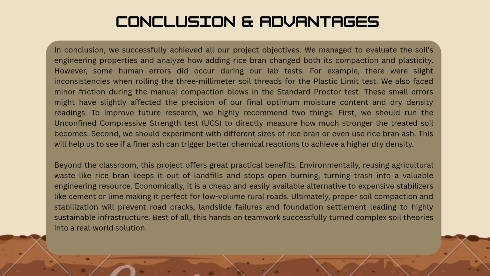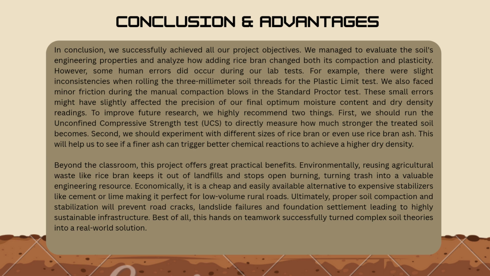Environmental: using agricultural waste like rice bran keeps it out of landfill and stops open burning, turning waste into a valuable engineering resource. Economical: it is a cheap and easily available alternative to expensive stabilizers like cement or lime, making it perfect for low-volume rural roads.